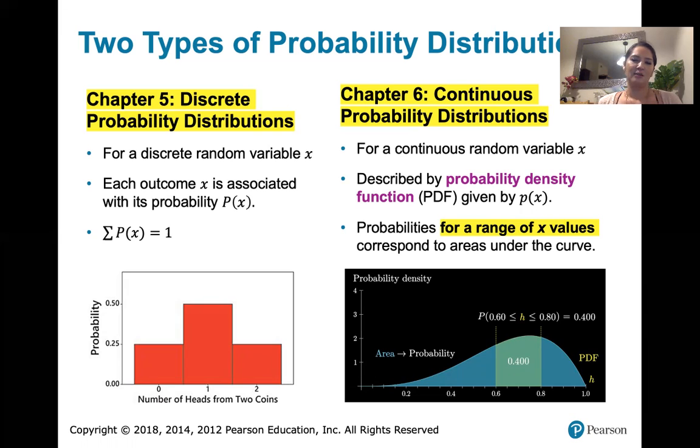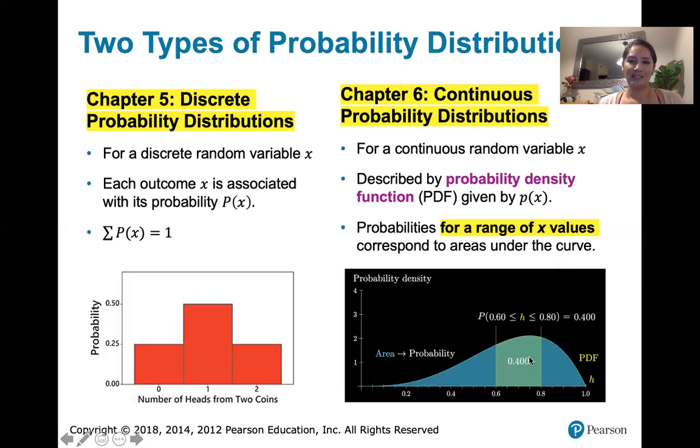Probabilities are associated with a range of x values of that continuous random variable x. And when we're actually finding the probability, what we're really doing is finding the area under this probability density function, or the area between that function and what would traditionally be the x-axis.